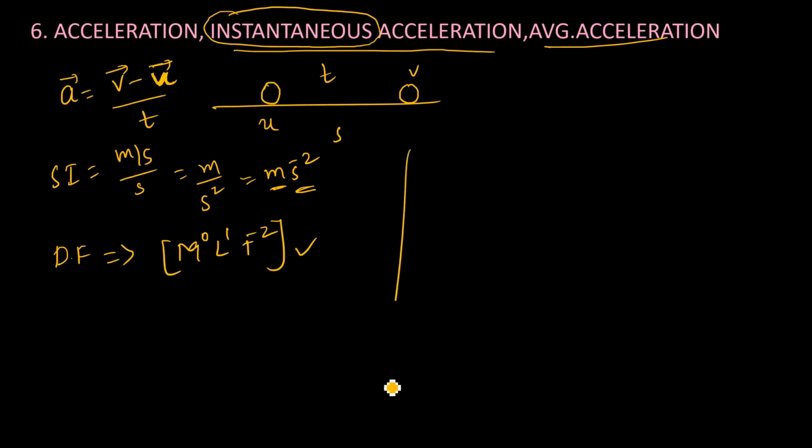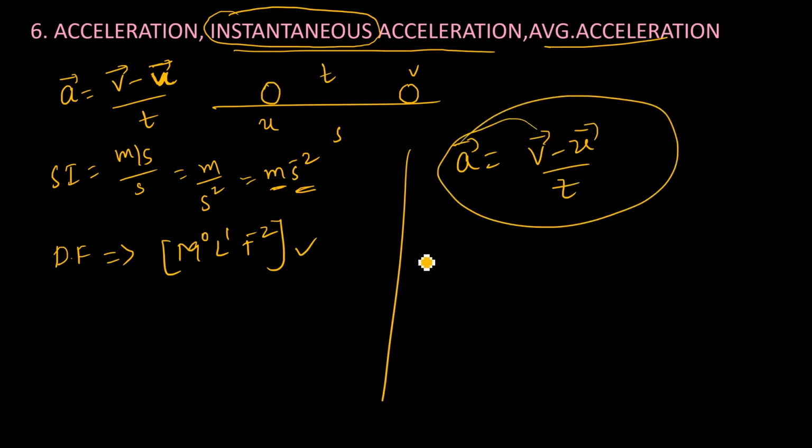So A equal to V bar minus U bar by T, we can consider average acceleration. The total change in the velocity, that is called average acceleration. Clear? So remaining everything is same.